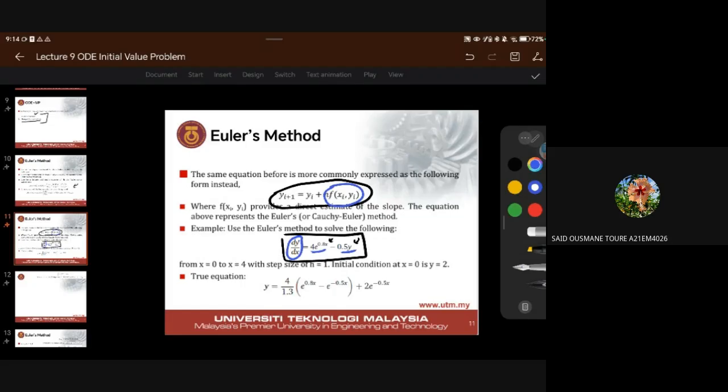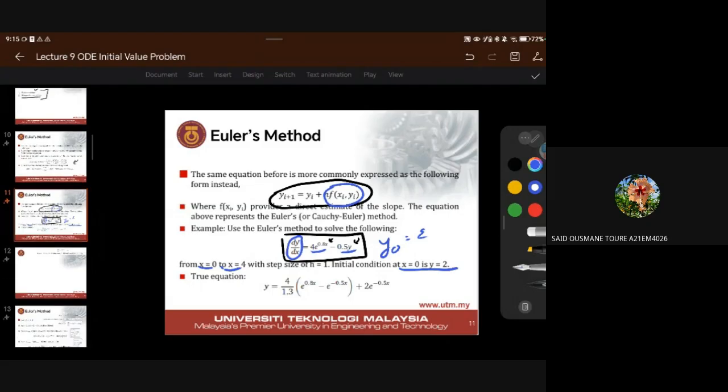Understand? So here, in order for you to find y, for example, we are talking about the initial boundary condition, right? They give x equals 0 to x equals 4, and they say that at x equals 0, y equals 2. So you have y0 equals a number, 2, right?